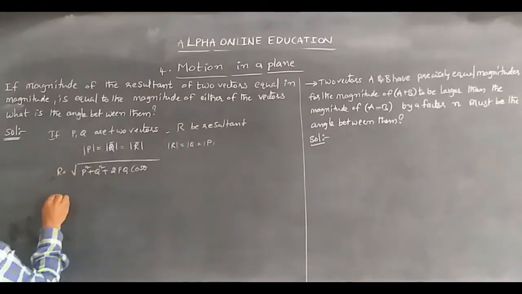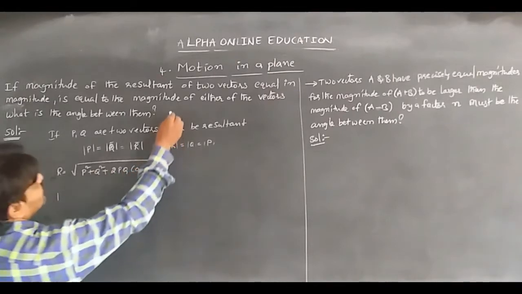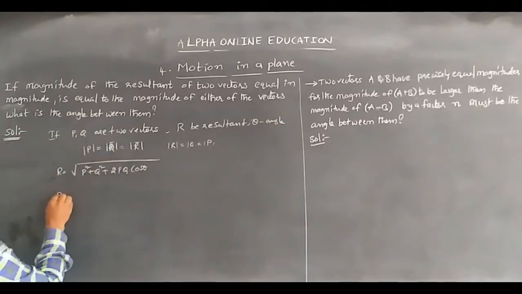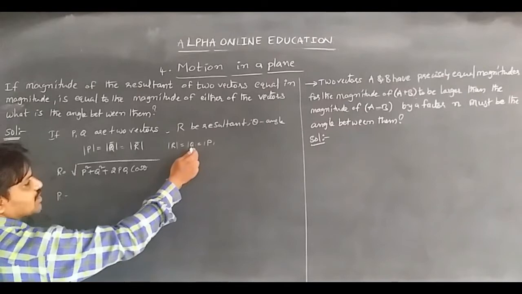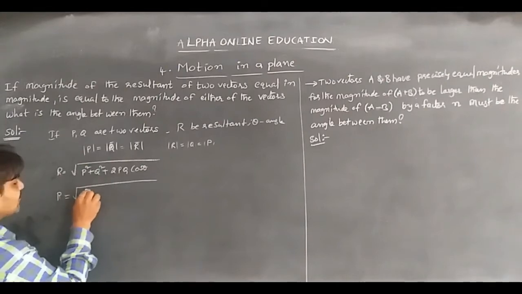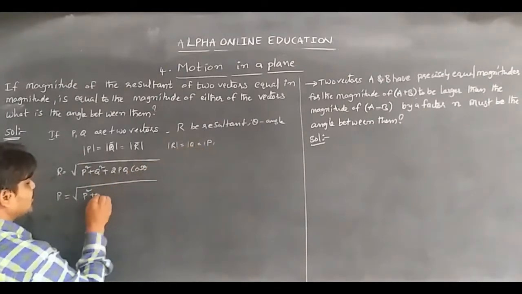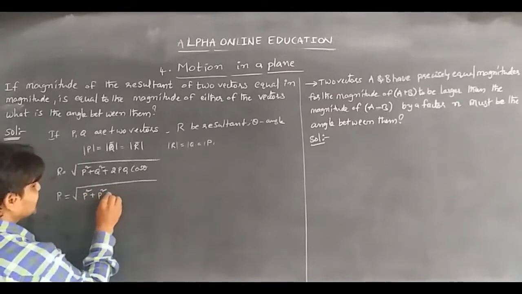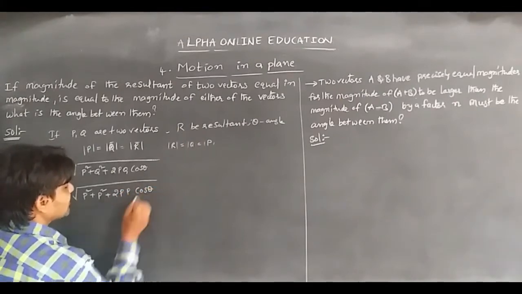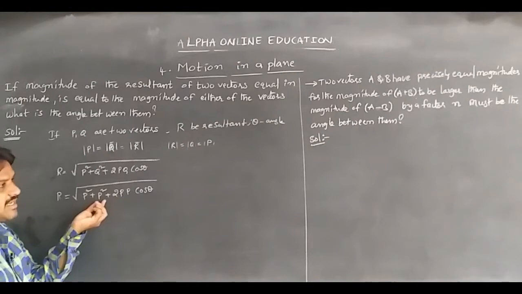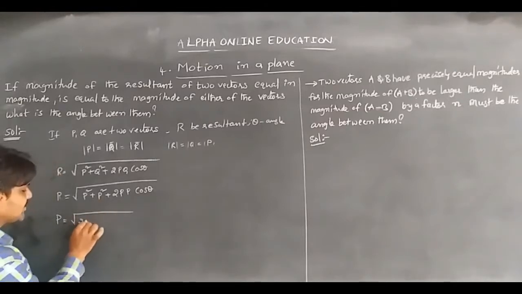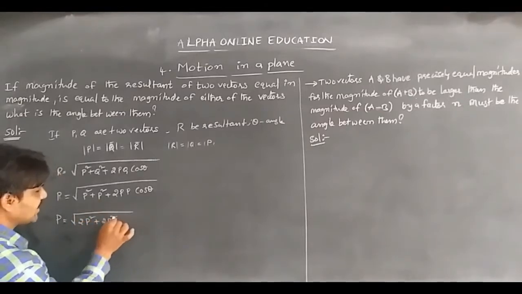Let theta be the angle between them. Then R is equal to Q is equal to P. So P is equal to the square root of P square plus P square plus 2P into P cos theta, writing P instead of Q. P square plus P square gives 2P square, so P is equal to the root of 2P square plus 2P square cos theta.